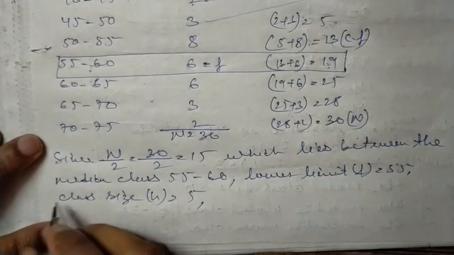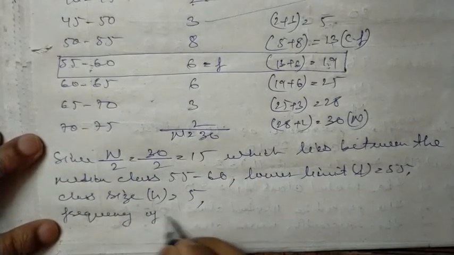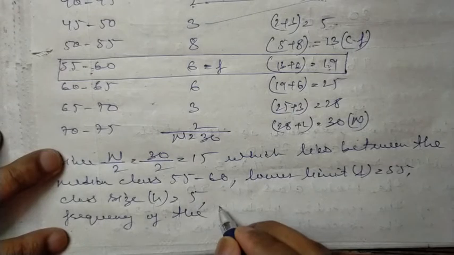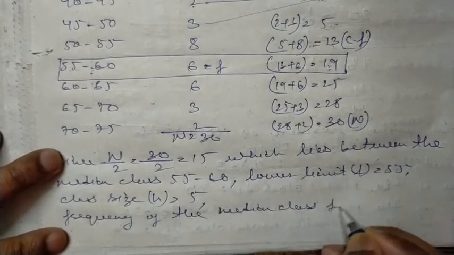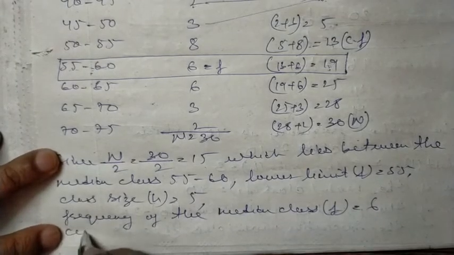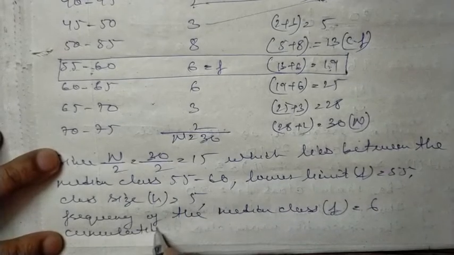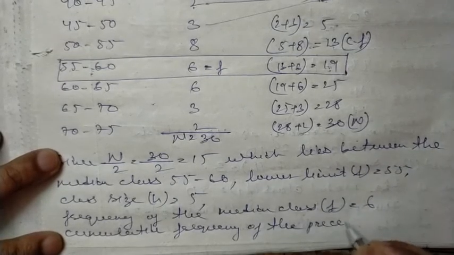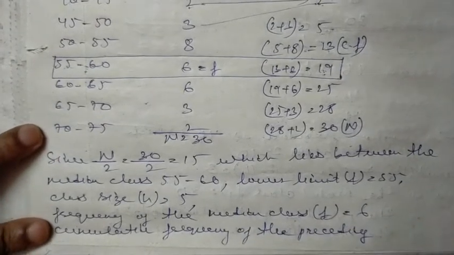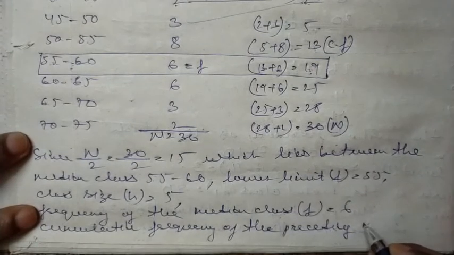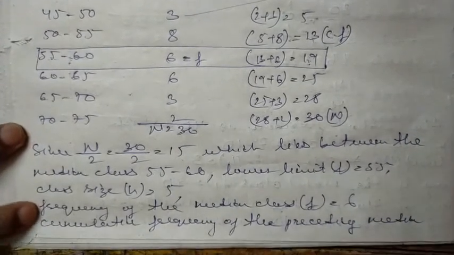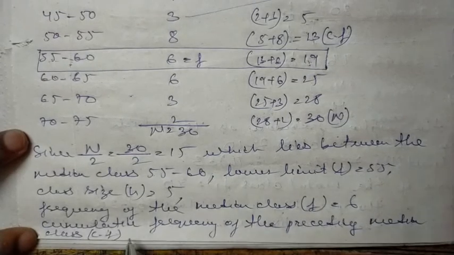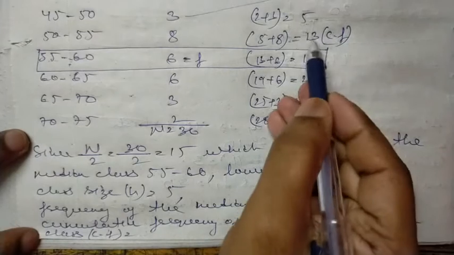Then the frequency of the median class, that is F, is 6. The cumulative frequency of the preceding median class, that is CF, is 13.